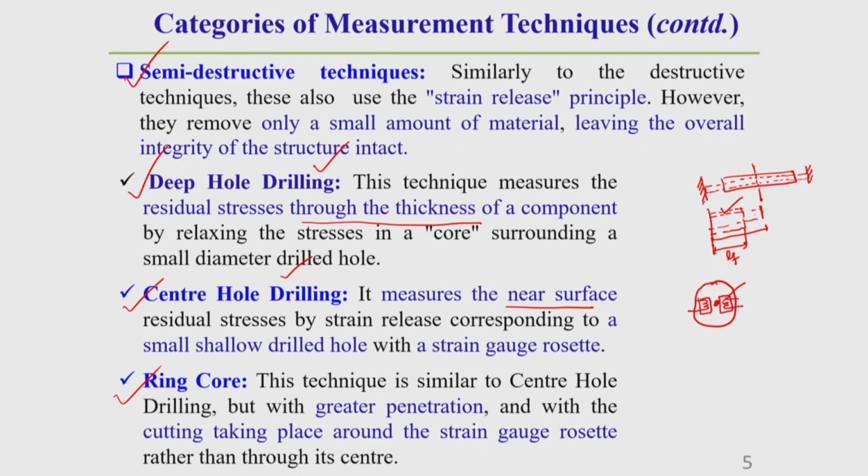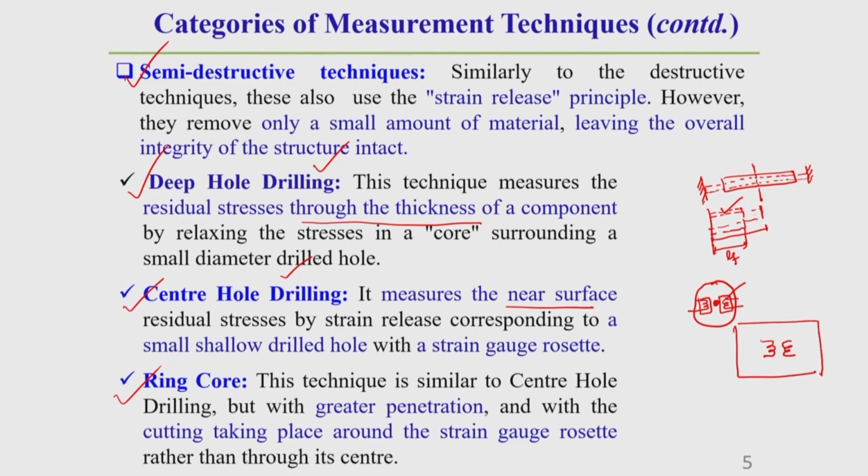In the center hole drilling technique, the hole is drilled in between the strain gauges, but in the ring core technique, this is a specimen.